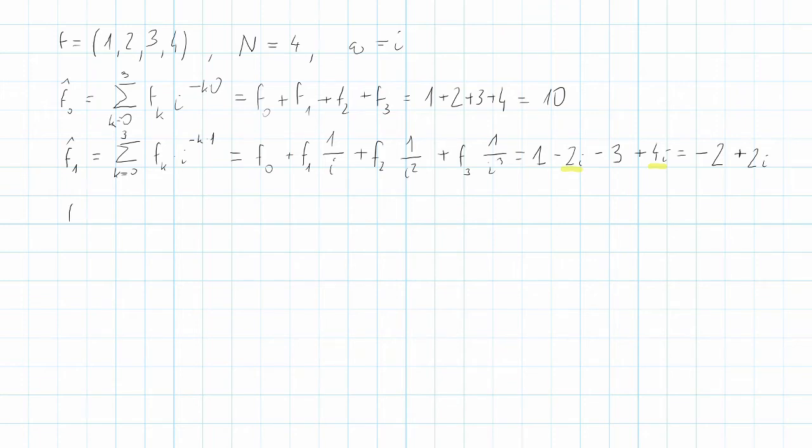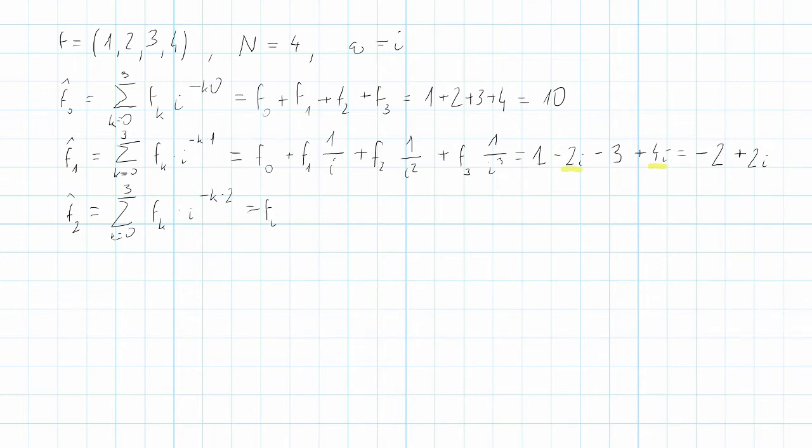So let us compute now f2 hat. And again, the same formula. It's the sum from k equals 0 to 3, f_k times i to minus k times, and now we have index 2, so minus 2k. So what is it?